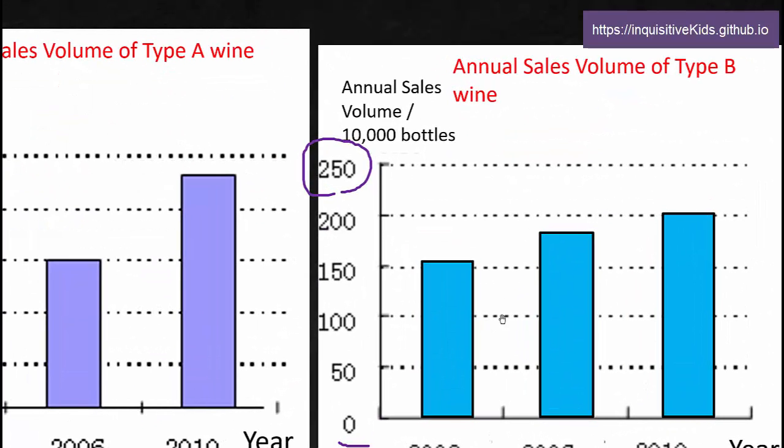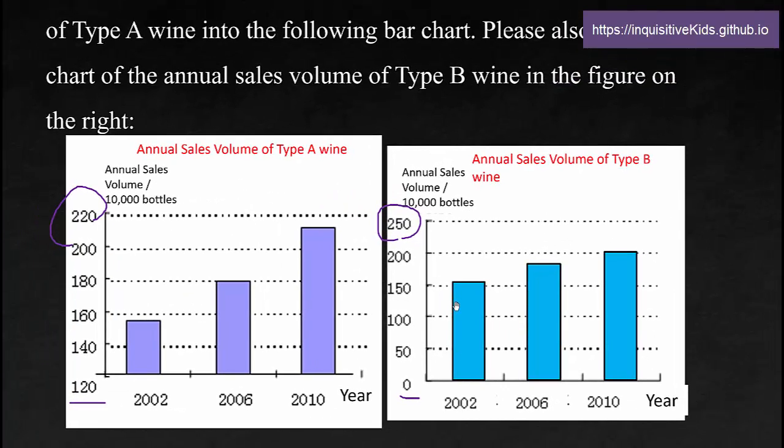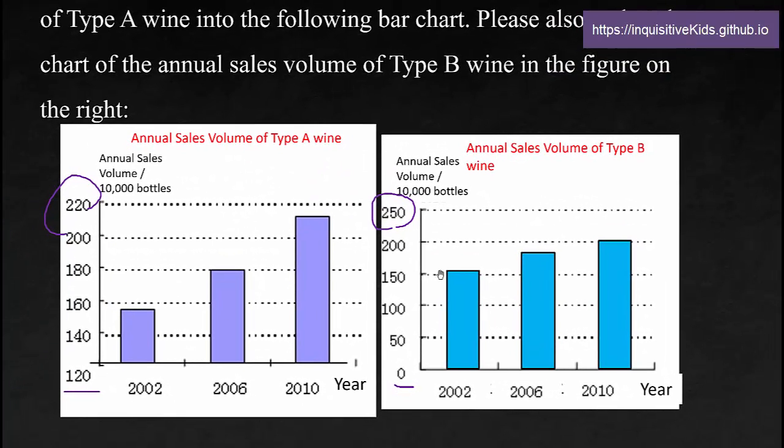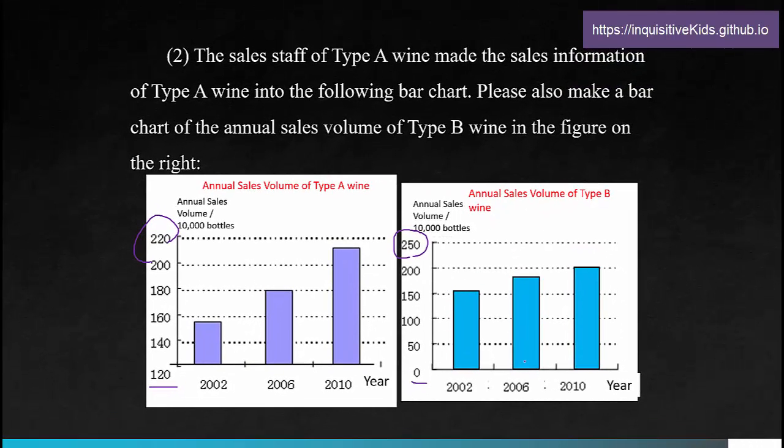For 2002, we would see it's a little above 150. For 2006, it's a little bit above halfway between 150 and 200, maybe say 180. And in 2010, it's exactly 200, so that's good.